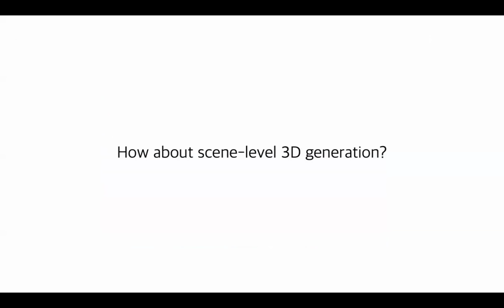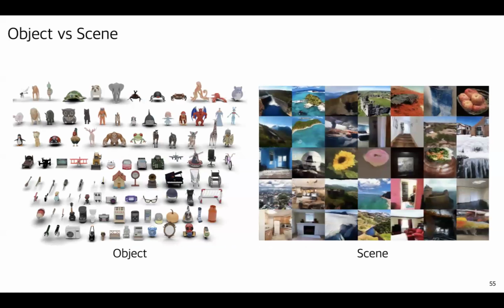And then I would also like to quickly share some thoughts on scene generation. For objects, we know that it's good to generate them in the aligned object space. But for scenes, what can we do if we want to do 3D generation? If you just look at the scene images, it's really hard to find a way to align them just like objects, right?